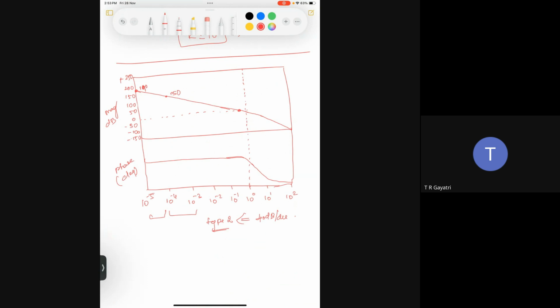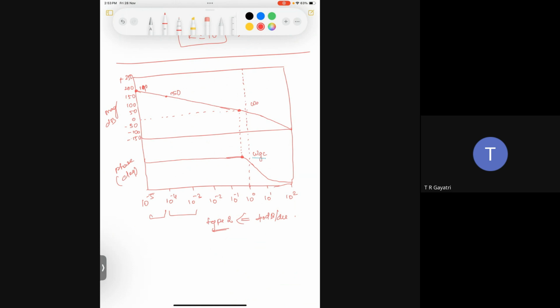When your magnitude will be zero, we will be interested in magnitude zero. Phase margin occurs there, and steady state error. So we will call this the gain crossover frequency, where phase margin occurs.